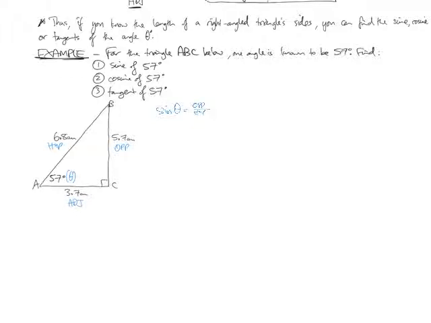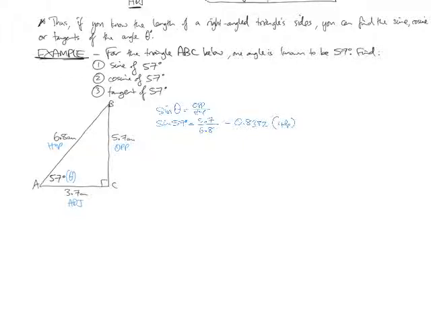We know the angle here is 57 degrees. Sine of 57 degrees is equal to the opposite, 5.7, over the hypotenuse, 6.8. And using a calculator, we can work out what 5.7 divided by 6.8 is. That comes to 0.8382 to 4 decimal places.